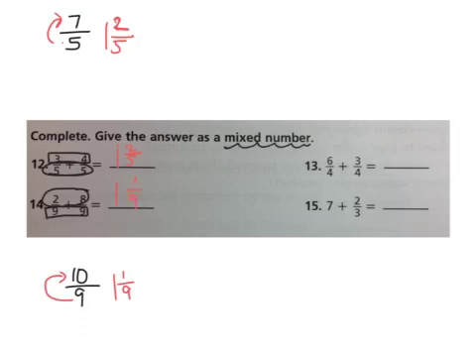I'll do one more with you here. My denominator is going to stay a 4. I'm going to add together 3 plus 6, and I get 9. Now I say, all right, 4 goes into 9 2 times. 2 times 4 is 8, which leaves 1 left over to get to 9, and my denominator stays the same.